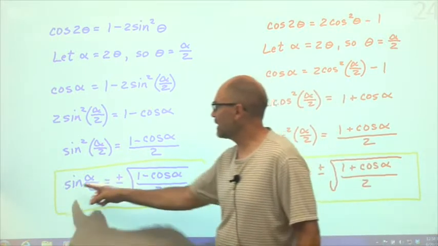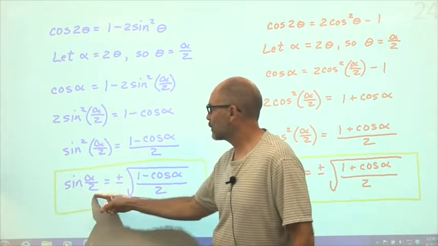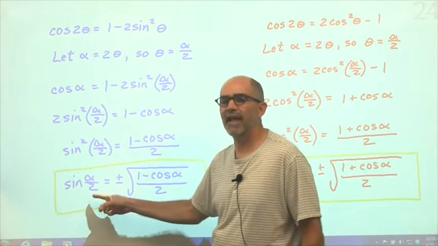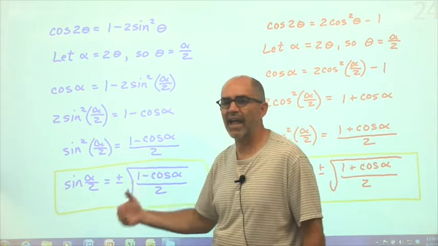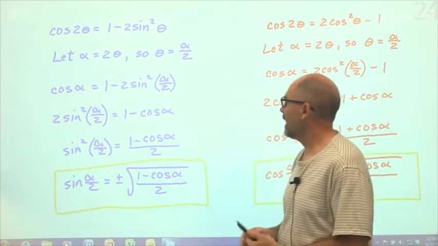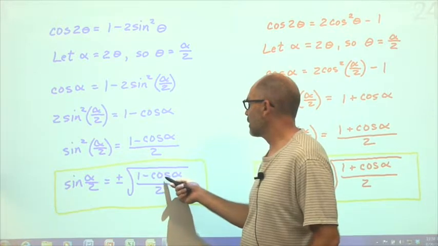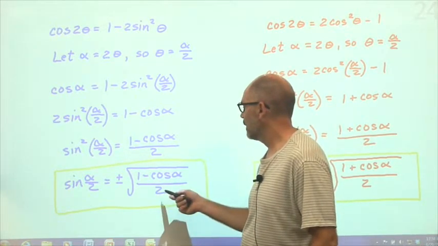This gives me sine of alpha over 2. So it's sine of a half angle. That's why we call it the half angle identity. And it equals plus or minus the square root of 1 minus cosine of the full angle divided by 2.